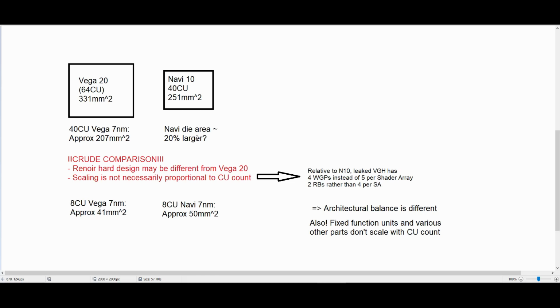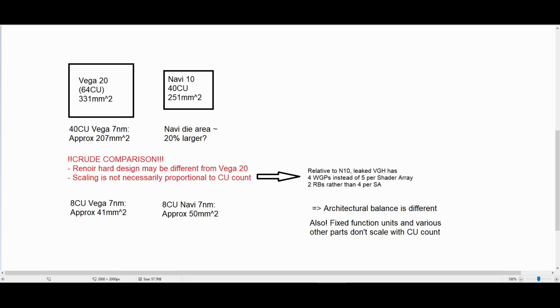And that's not even counting fixed function units and various other parts that don't scale with CU count. Some of these need to be the same area regardless of how many CUs you have. And of course, Vega 20 has a different memory interface than Navi 10, being HBM.